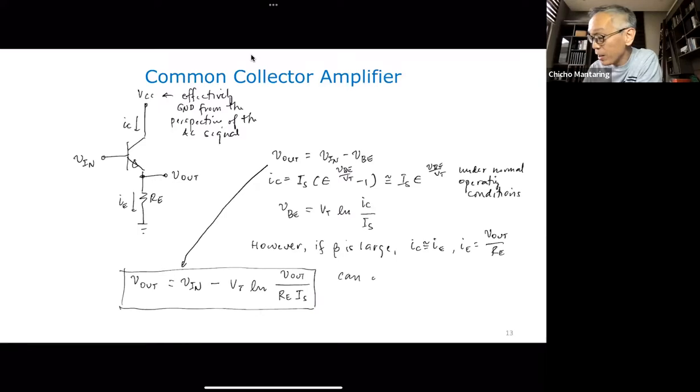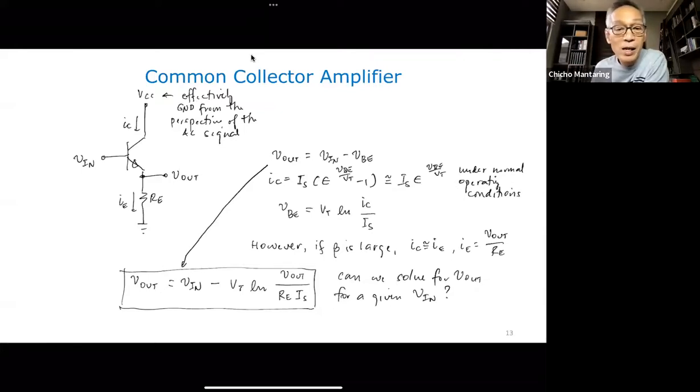Can we solve for V out for a given V in? Can someone tell me? In other words, if I gave you this equation and I gave you a value of V in, would you be able to solve for V out?